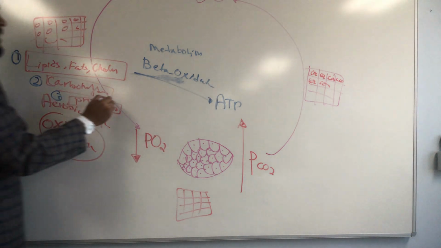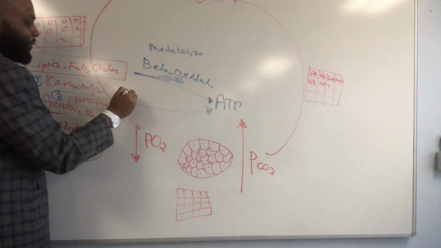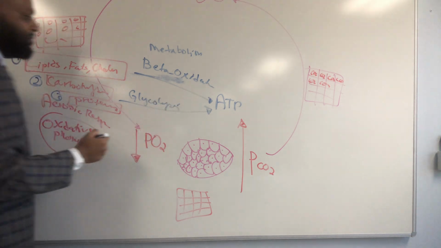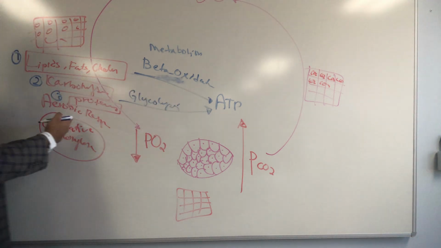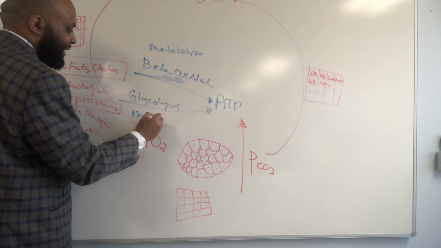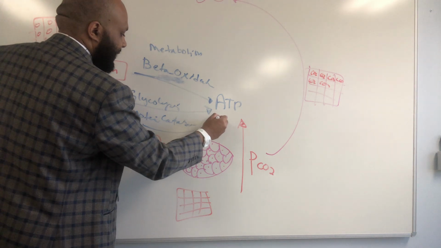If you eat carbohydrates, you're going to shuttle the carbohydrates into a pathway known as glycolysis to get ATP. And then proteins are going to be shuttled into a protein catabolism pathway to get ATP.